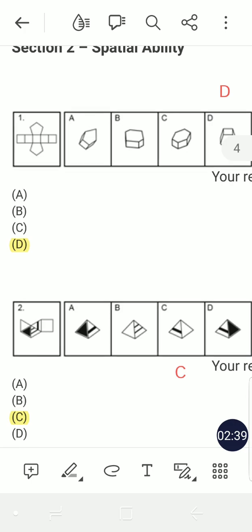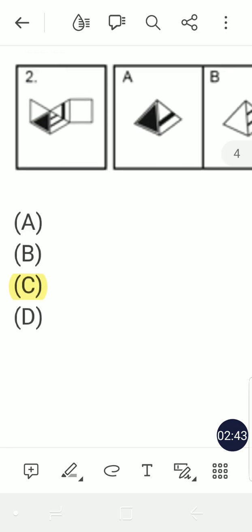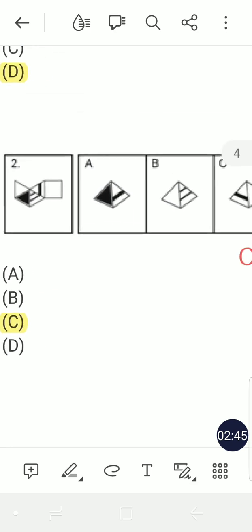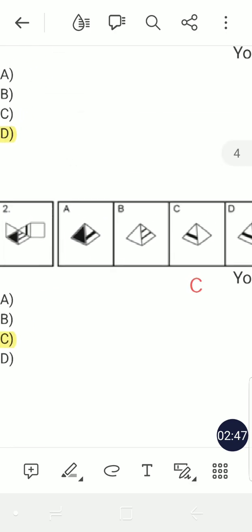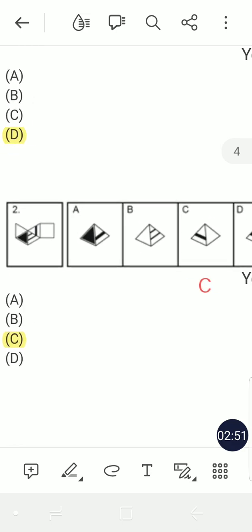So moving on to number 2. Again, we're gonna use the strategy of elimination here.